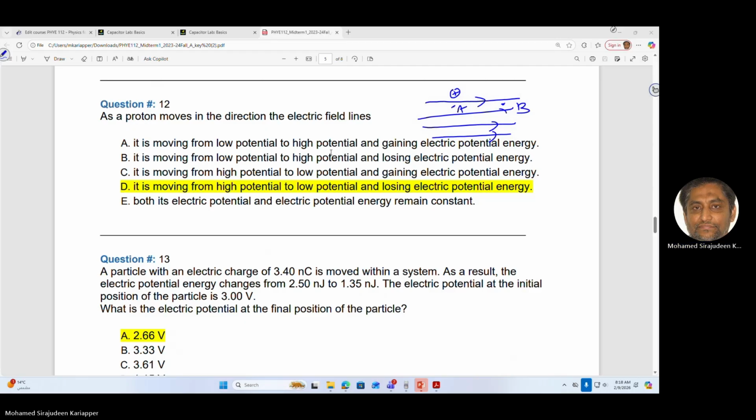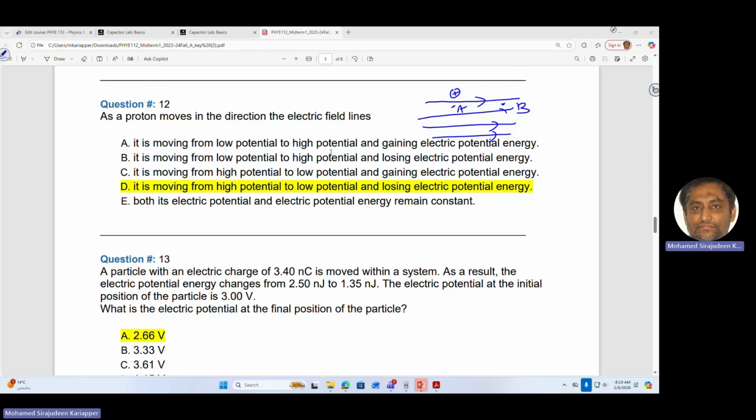So electric field line is always from the positive to negative. So if you forget that, you can imagine a capacitor plate, and you remember in a capacitor plate, we have a uniform electric field going from the positive plate to negative plate.